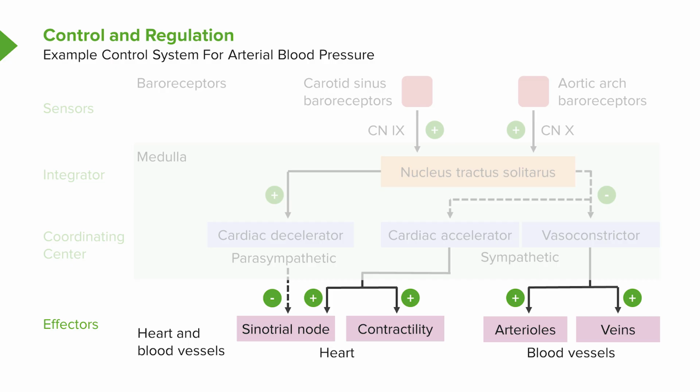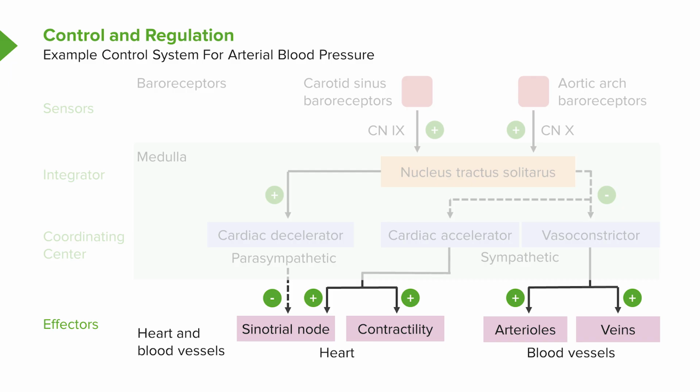So in our example here, we have an increased signal to the sinoatrial node from the sympathetic nervous system, contractility, arterioles, and veins. From the parasympathetic nervous system, we have a negative signal from the decelerator region, which will allow us to increase the sinoatrial node depolarization rate.